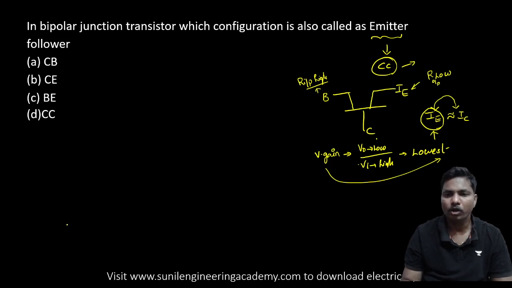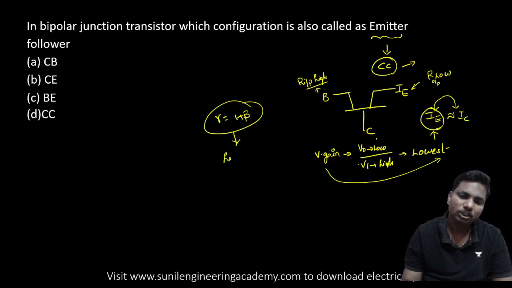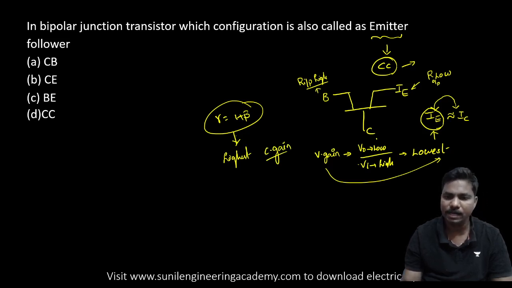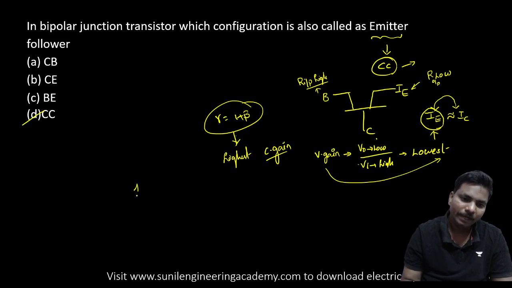And in common collector, what about gamma? Gamma is equal to 1 plus beta, highest. So highest current gain. Common collector: highest current gain, lowest voltage gain. That is another important point. Emitter follower, common collector, is mainly used for impedance matching. Why?